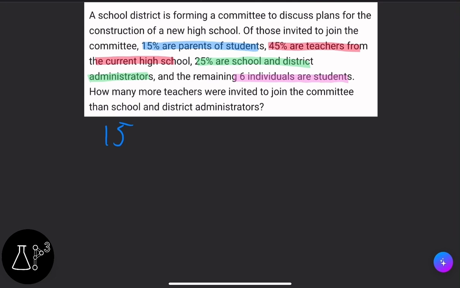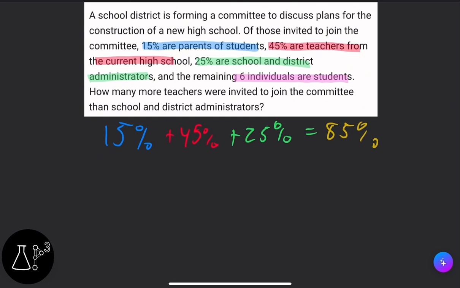So if 15% are parents, 45% are teachers, and 25% are school and district administrators, we can add the percentages. So you would do 15 plus 45 plus 25, and we get 85% as a total. So 85% is everything but the students.